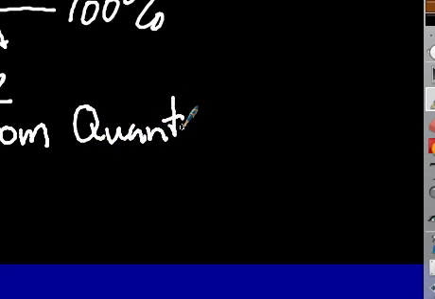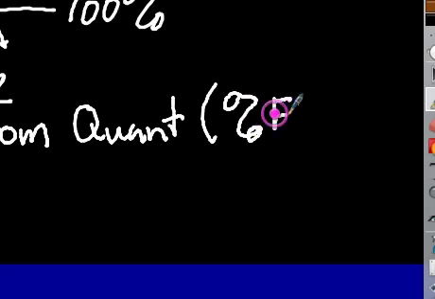Do you understand what I mean when I say use the numbers from the quantitative? For example, your percent error. You're going to say, our percent error, because what you're trying to do is tell the reader how far off you were or how far on you were. So you're going to use the percent from this.